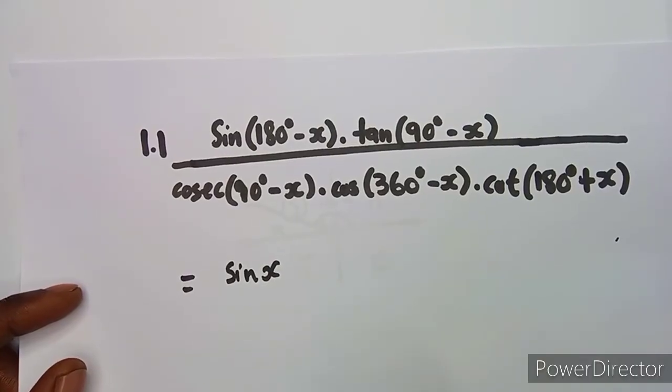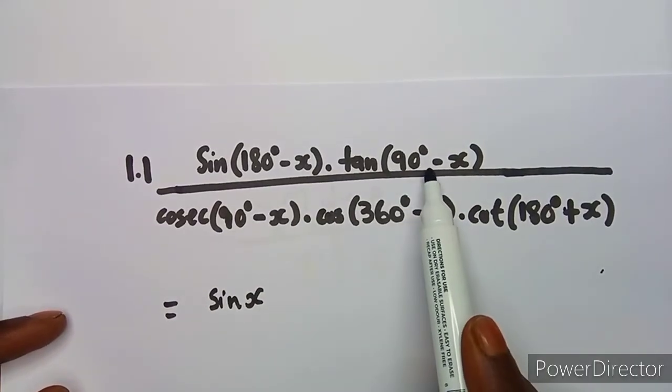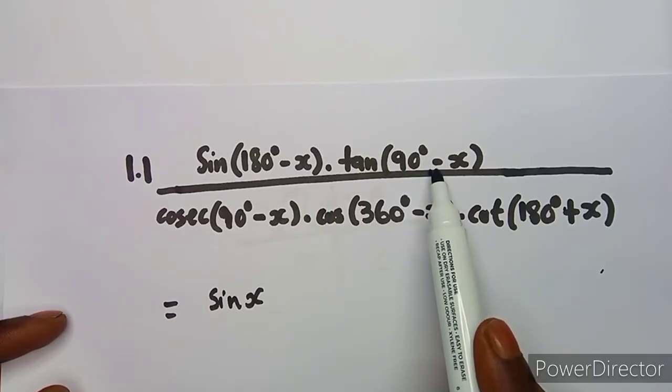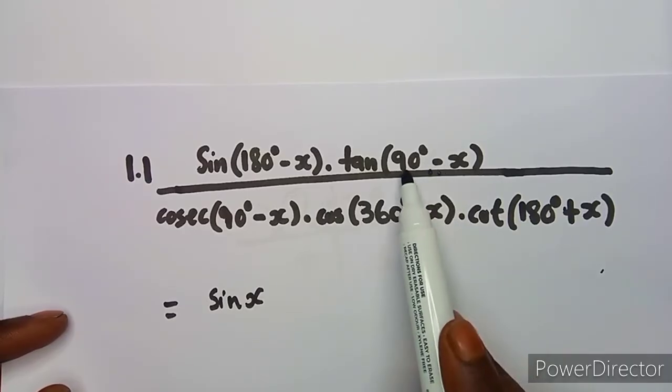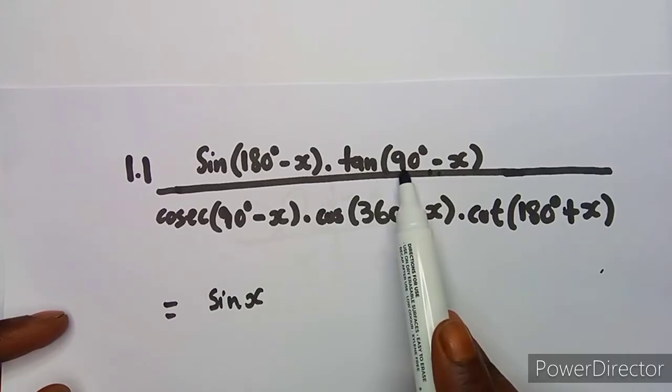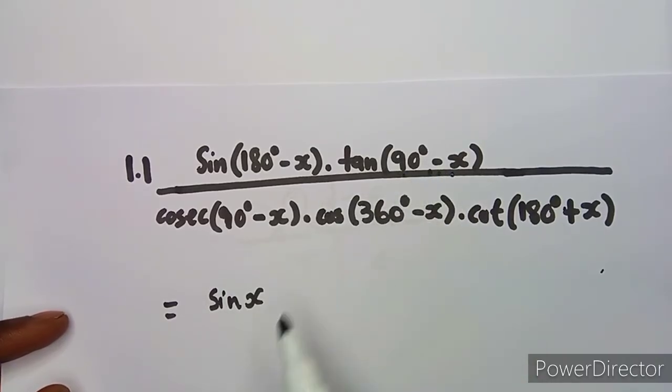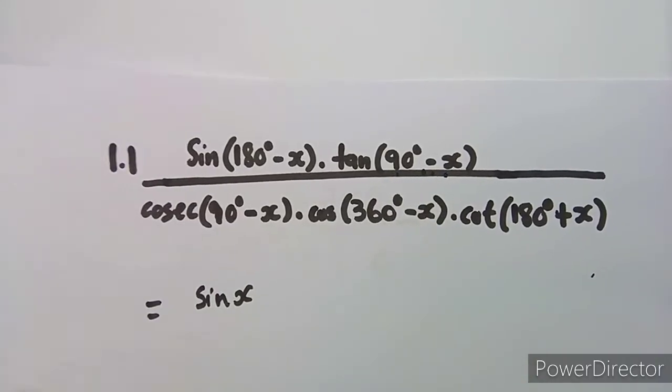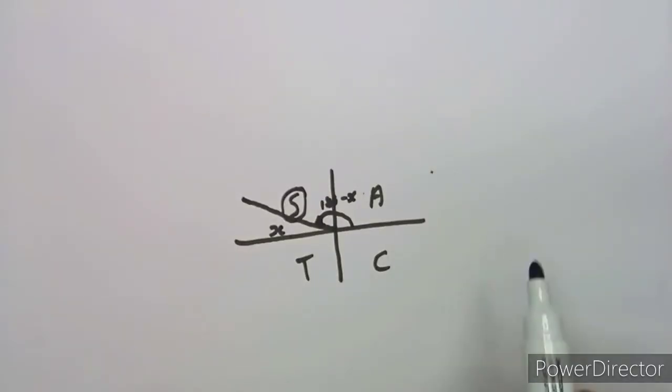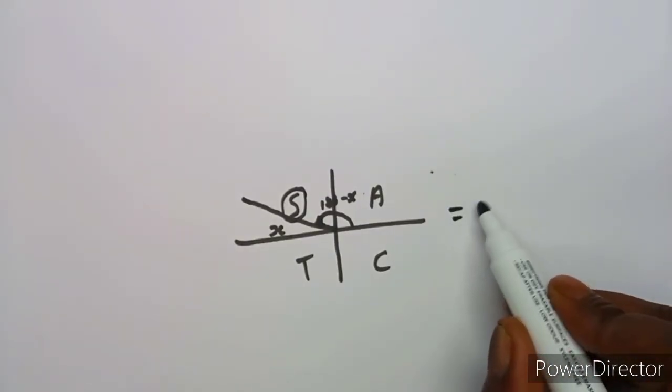All right, then here we have two options. We know from our cofunction that tan 90 minus x is going to give us cot x. If you do not know it, then you write it like this.